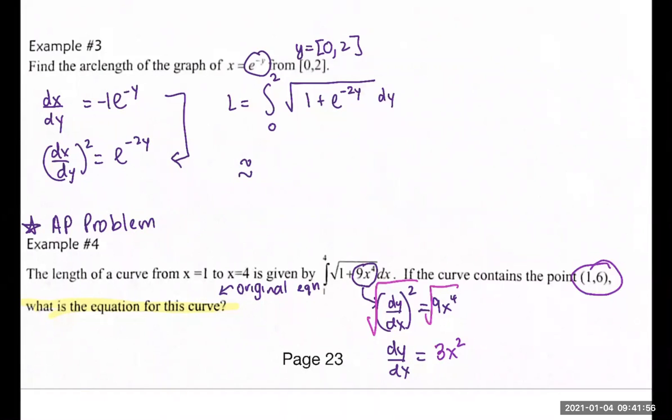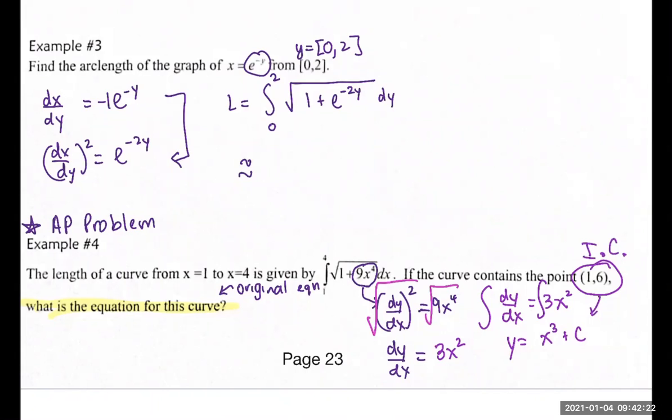Very good. So if I have dy dx is equal to 3x squared and I want the original function, that means I do have to integrate. And when I integrate, I get the general antiderivative is x cubed plus that c. So if I want the equation of the original curve, I'm going to need to know what that plus c is. So that's going to be the initial condition that you're going to use to solve for what c is.